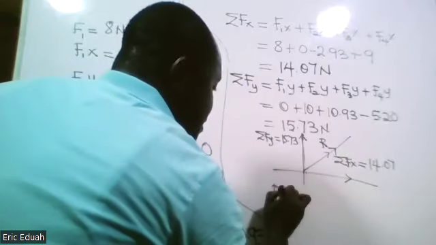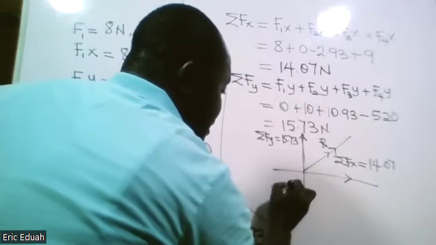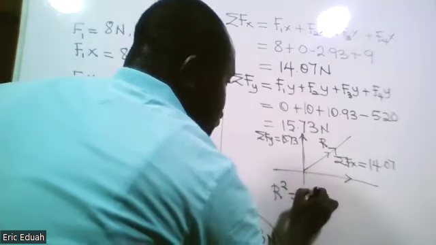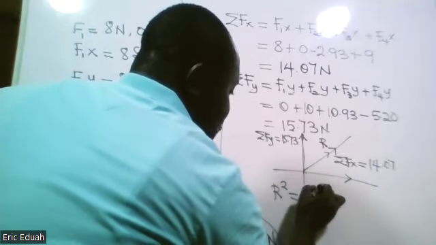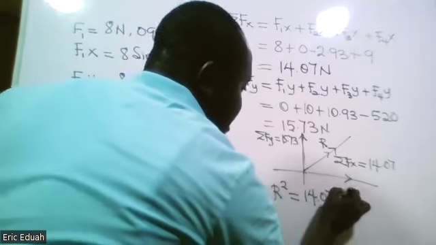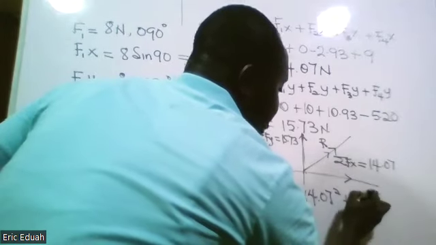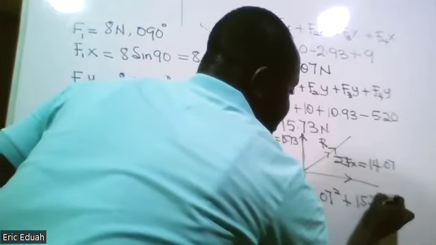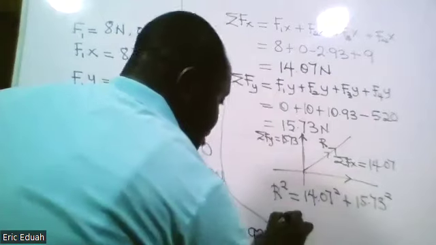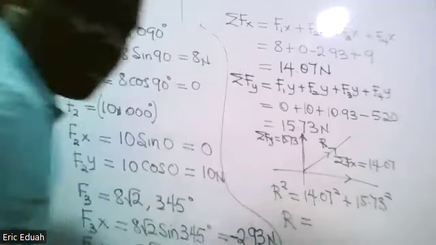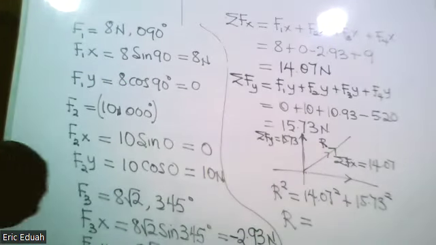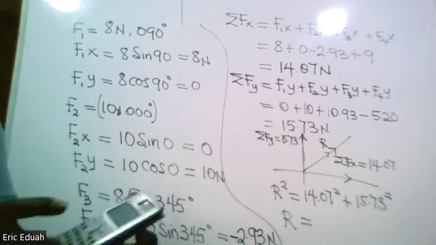Therefore, R squared would be equal to 14.07 squared plus 15.73 squared. What is R?